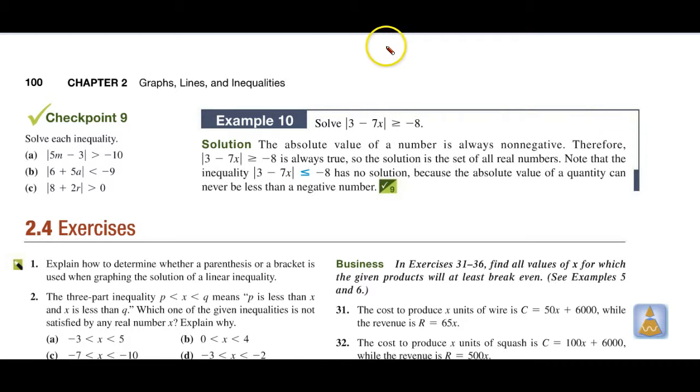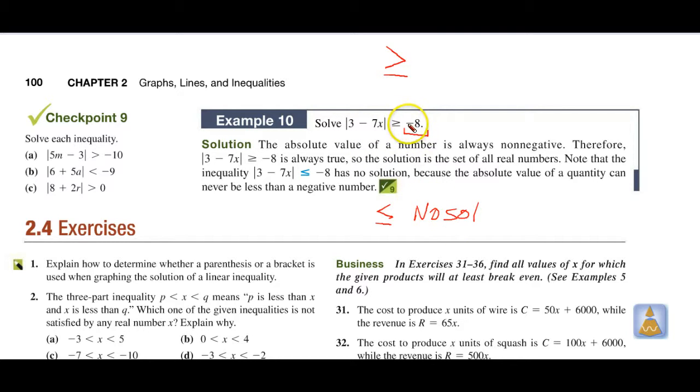So if your inequality sign for something like this is greater than or equal to a -8, we say that normally if this were less than or equal to, that is the opposite of this, there would be no solution, because our absolute value needs to be positive.